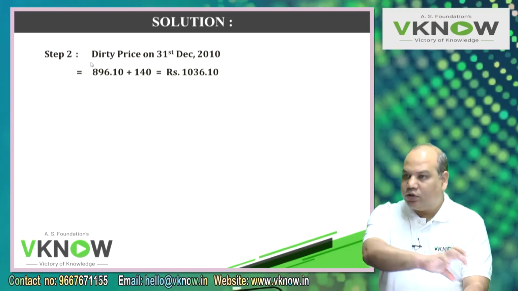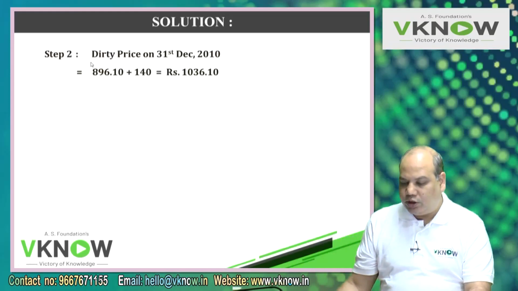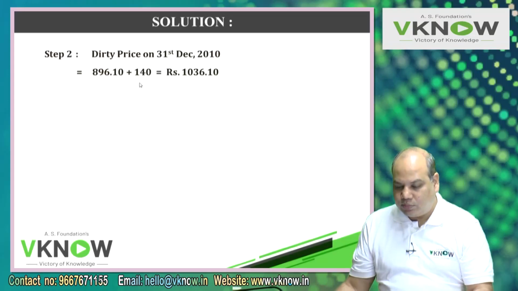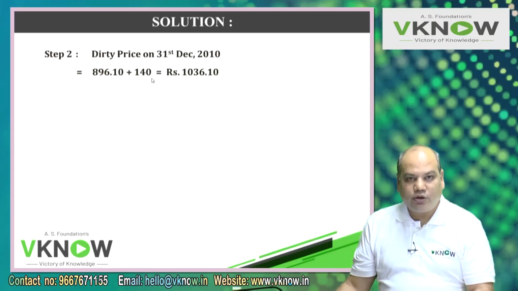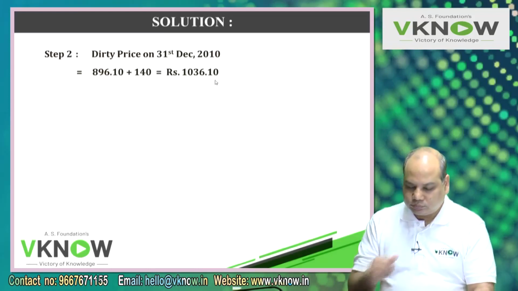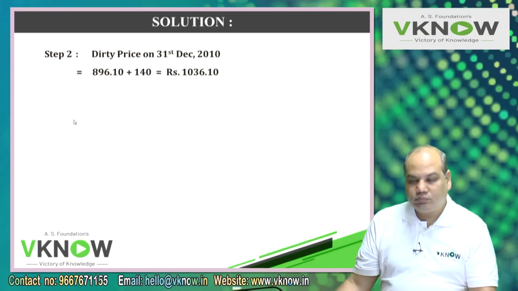If I add interest accrued for 1 year, that is 12 months, the clean price will become dirty price. Clean price plus interest for 12 months, 896.10 plus 140 is equal to 1036.10. Now this is dirty price on 31st December.